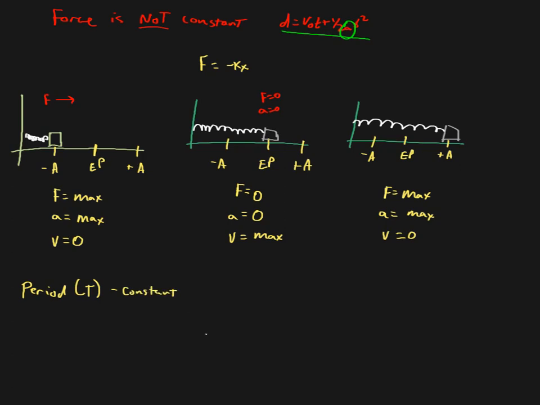And this is why you should never write the variable for time, little t, as a capital T, because we do designate capital T as the period, which is a constant. So make sure that you're using little t for time and capital T to represent the period. Period is measured in seconds. That's the SI unit. And it is the time to complete one cycle.